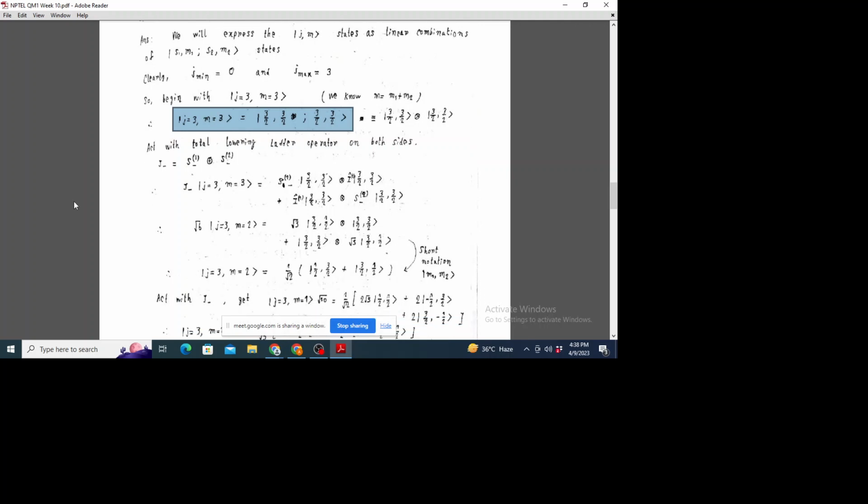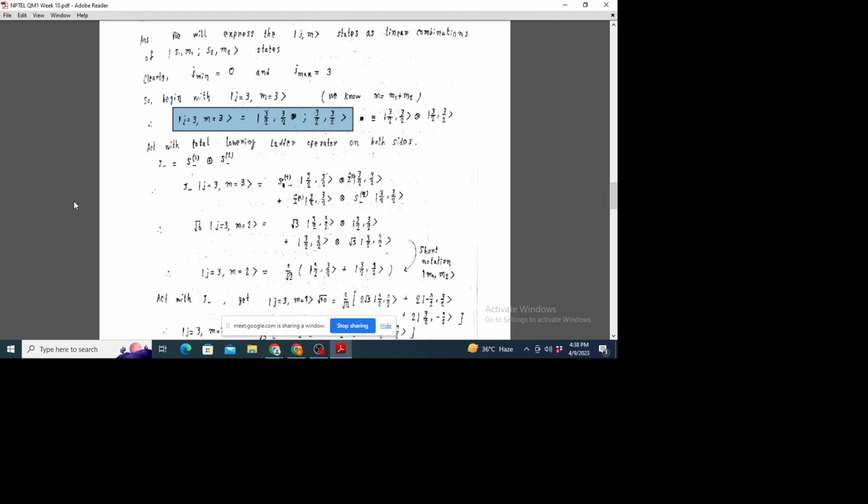That is the only possibility, because M1 and M2 both have maximum values of 3/2, and only then can we get M equal to 3. So we identify this J equal to 3, M equal to 3 state with the state where M1 is 3/2 and M2 is 3/2. This recognition is the starting point.